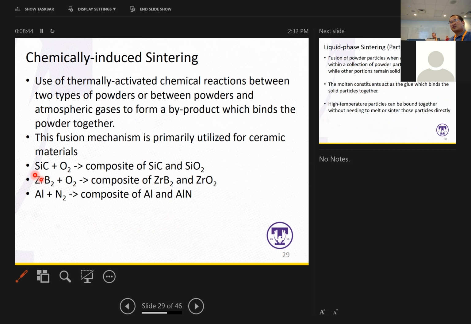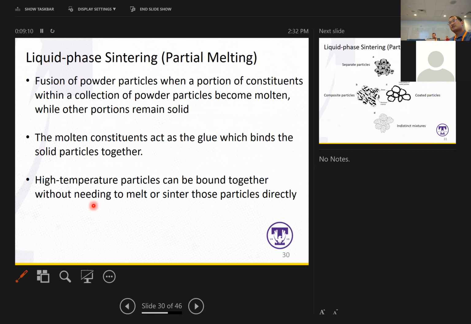Here are some chemical formulations which indicate how this kind of reaction happens. You can see how the ceramic powder works with oxygen and some other gas together to complete this sintering process. Now the liquid phase sintering is also called partial melting.